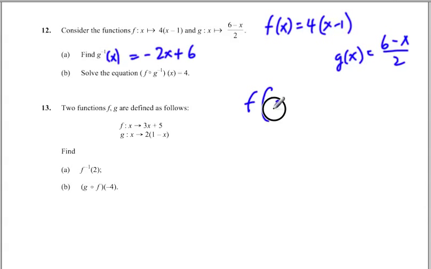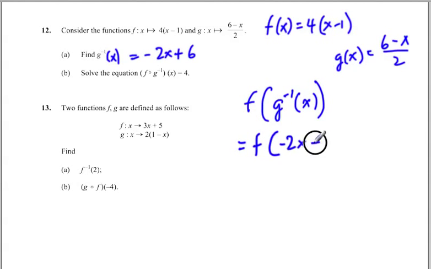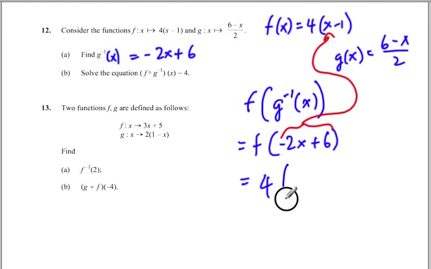So f of g inverse of x is equal to f of negative 2x plus 6. And remember, as always, all you're doing is you're taking the argument and plugging it right into that x, okay? So this is equal to 4, and it's something minus 1, and that something happens to be this argument right here. So it's negative 2x plus 6.